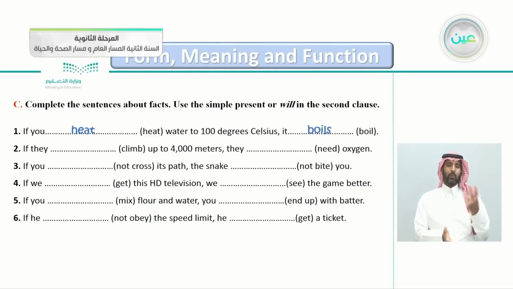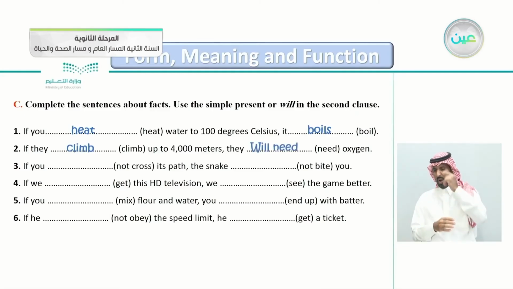Number 2, if they climb up to 4,000 meters, they need oxygen. Again, use the simple present or will in the second clause. Do we say need or will need? That's excellent. Will need. They will need oxygen.